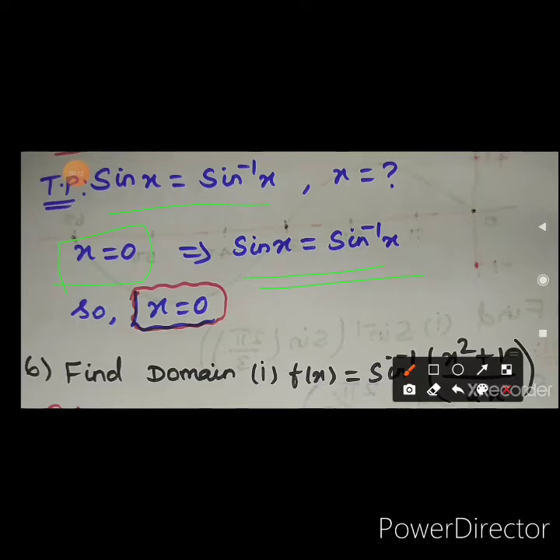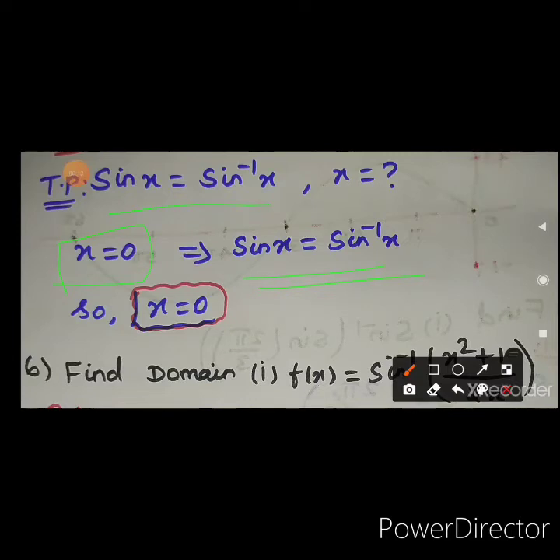So minus 1 less than or equal to infinity, and infinity is not defined. So x is not defined, meaning x not equal to 0. X does not lie at 0, so 0 is not in the domain.